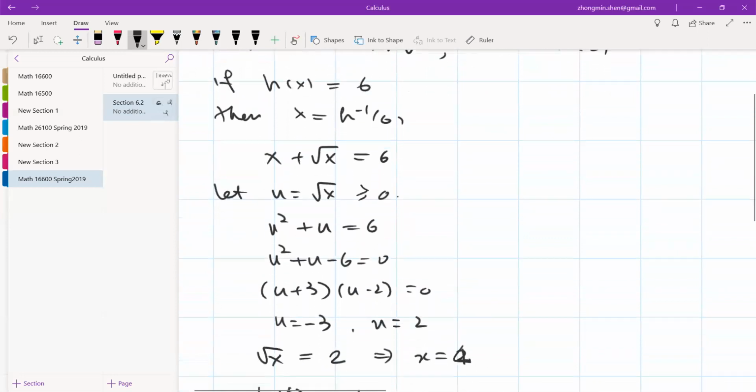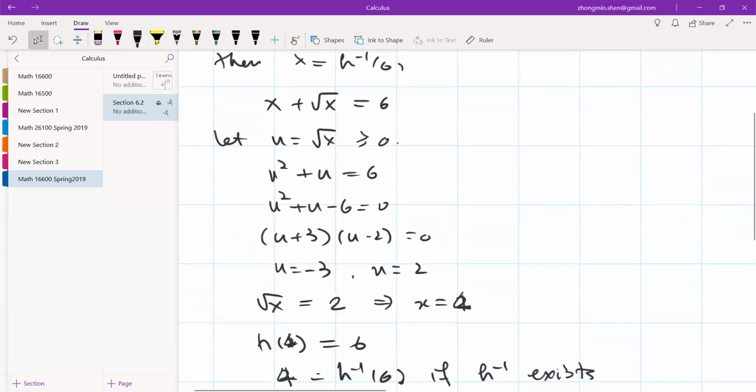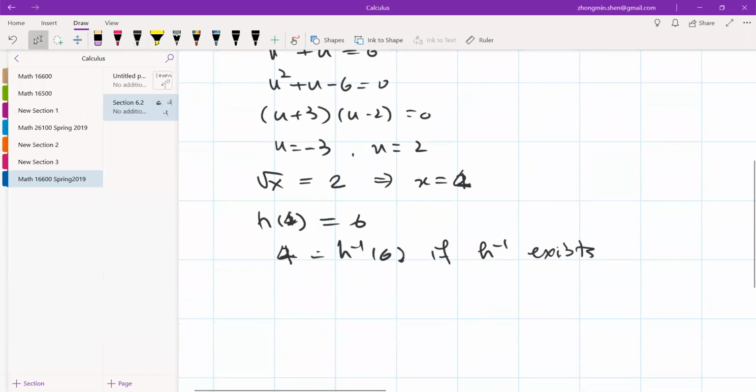My question is, does this function have an inverse? How to prove that? You have to make sure this function is an increasing or decreasing function. I think it's increasing. The reason is, x cannot be negative, and when x increases, each term increases. It's not x minus square root of x, it's x plus square root of x. So both terms are increasing, and adding them together, it is an increasing function.